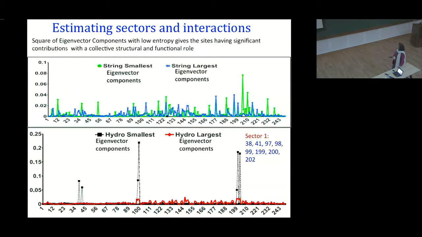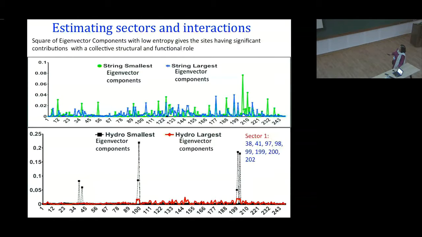And here is the square of the eigenvector components for the lowest entropy sites. And we find that the contributions are only from the positions 38, 41, etc. The largest eigenvectors are given by this red, and they are not localized, whereas the smallest eigenvalues are localized and hence give a very clean value.